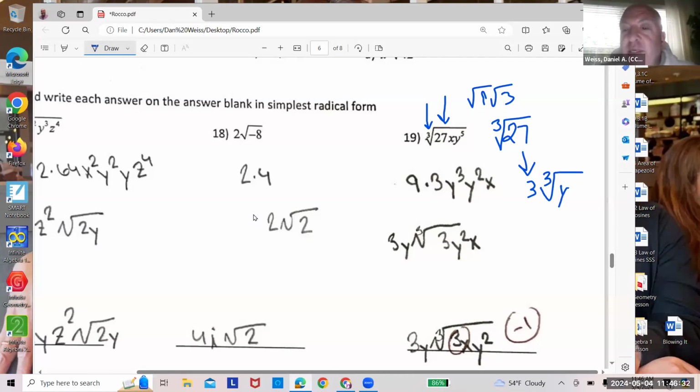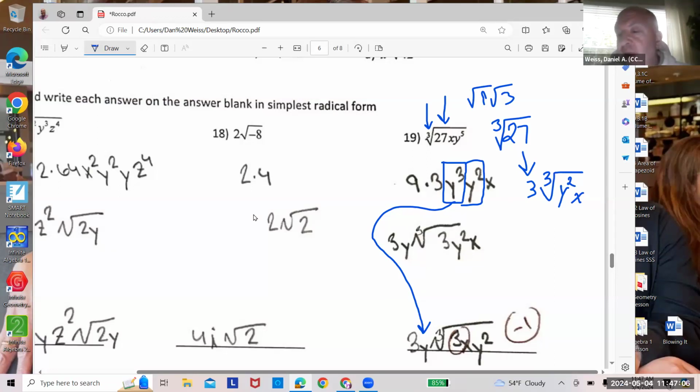Oh, I see. Yeah, cube root of y to the third. So this y to the third, this is good right here. Y to the third, y to the second, that's good. And then you said, okay, you took out that y here. That's good. And you left y to the second x. All that's good. So this should be y to the second and x.